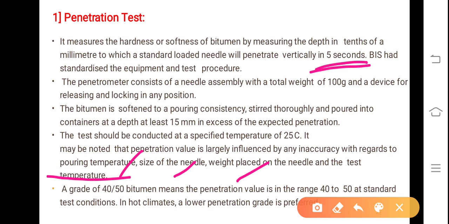A grade of 40/50 bitumen means the penetration value is in the range of 40 to 50 at standard test conditions.